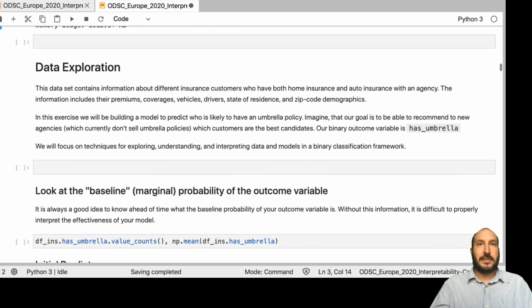So broadly, it's information about premiums, coverages, vehicles, drivers, state of residence, and demographics in the zip code.